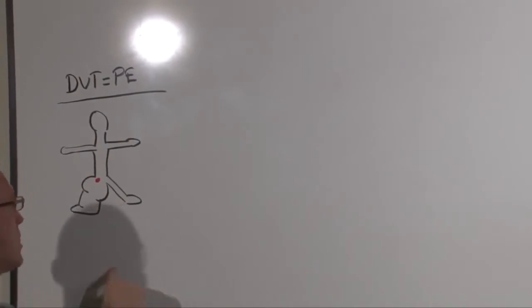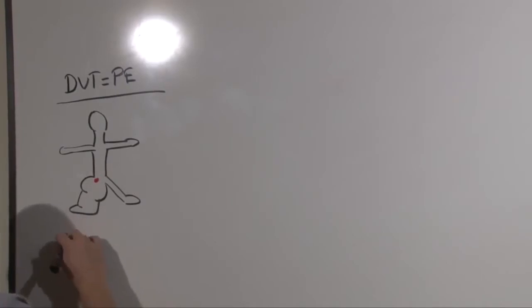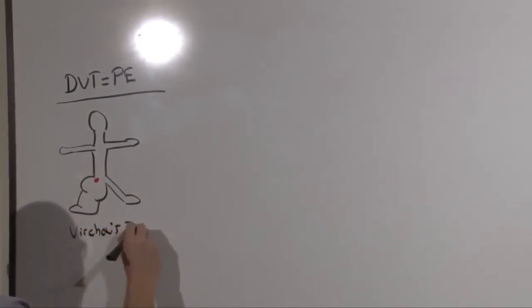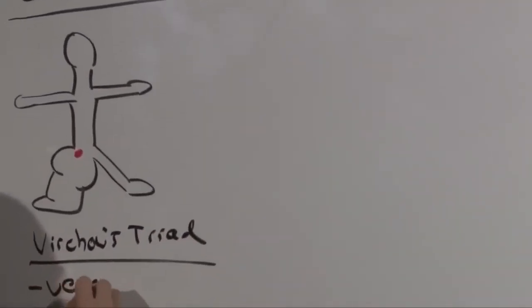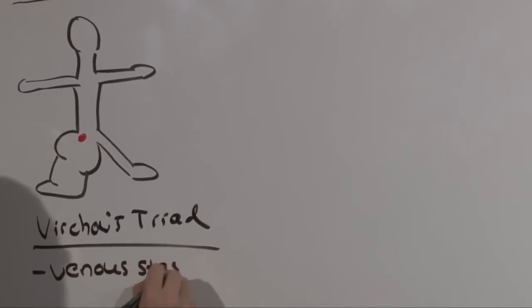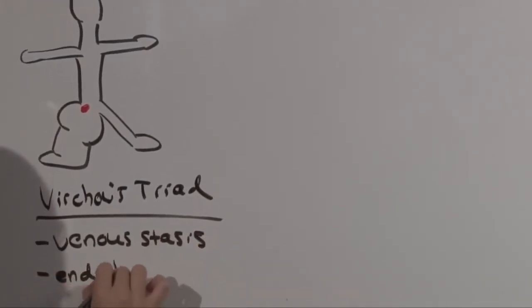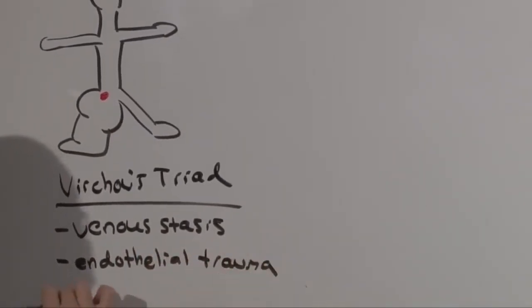The way you get set up for developing a DVT is Virchow's triad. Venous stasis, endothelial trauma, hypercoagulability.